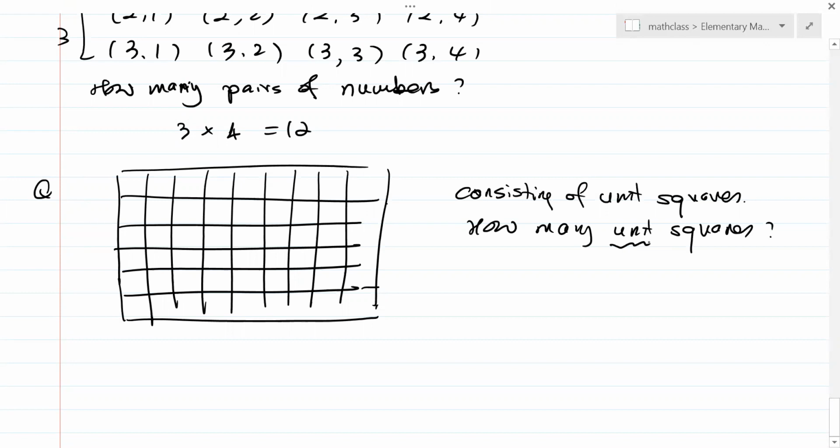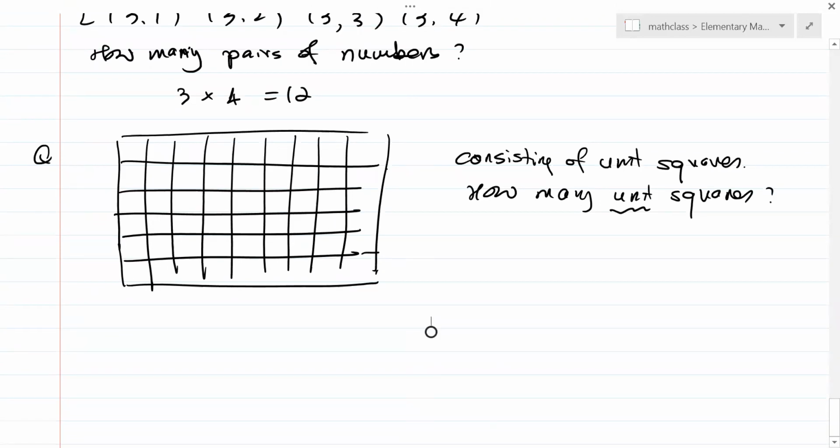How do you count them? All right, you do the multiplication. You don't count all of them. What you do is you count in each row how many squares there are. 1, 2, 3, 4, 5, 6, 7, 8, 9. So the first row has 9 squares. The question is how many rows are there? 1, 2, 3, 4, 5, 6.